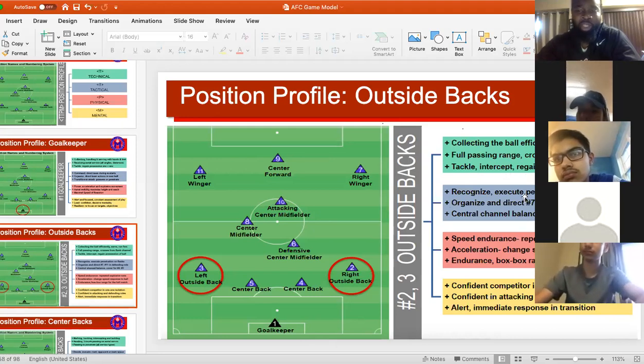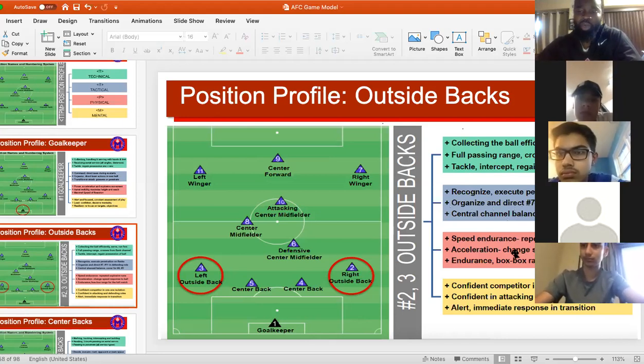You need to recognize and execute penetration on the flank, organize and direct the number 7 and number 11 in defending roles, central channel balance, cover for 4 and 5, speed, endurance, repeated explosive runs, acceleration, change of speed, response to the ball, endurance, box-to-box range for the full match.